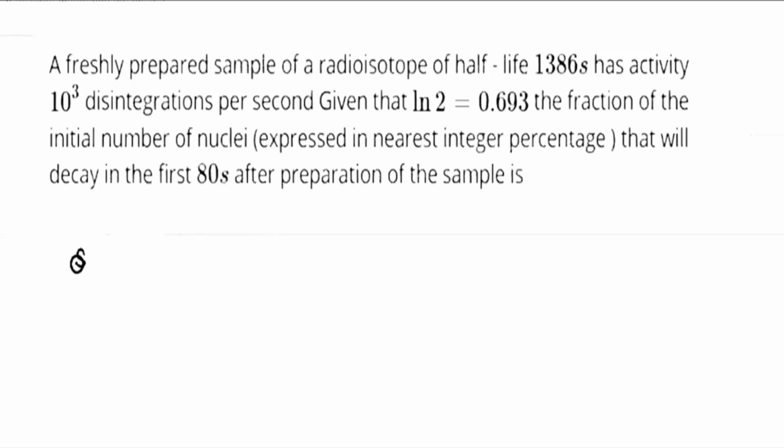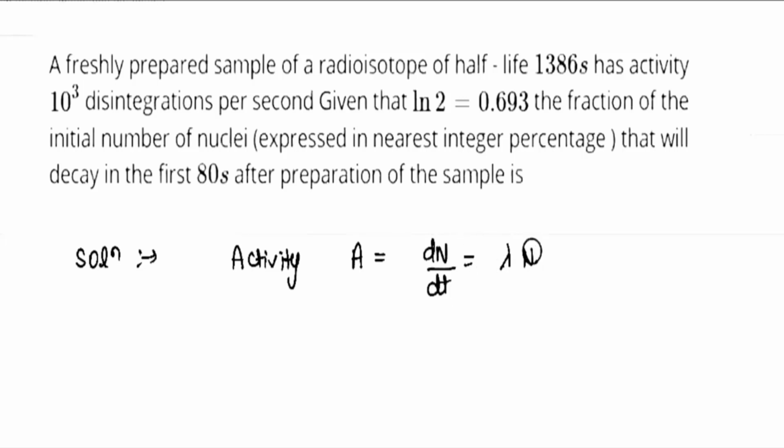So the solution of this question is, we know that activity A equals the decay rate, that is dN divided by dt, which is lambda N, and N naught is the initial sample at time t equals 0, and this is e power minus lambda t.